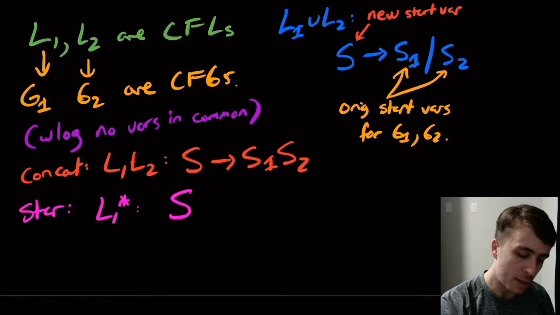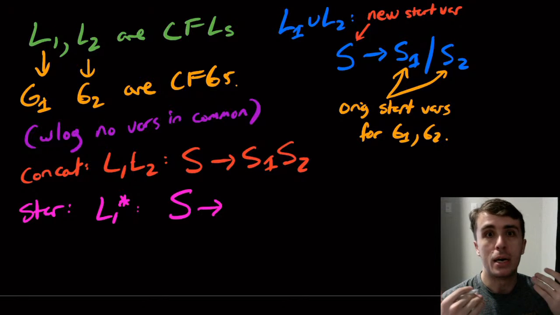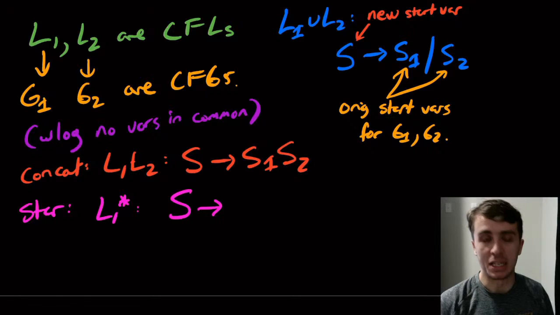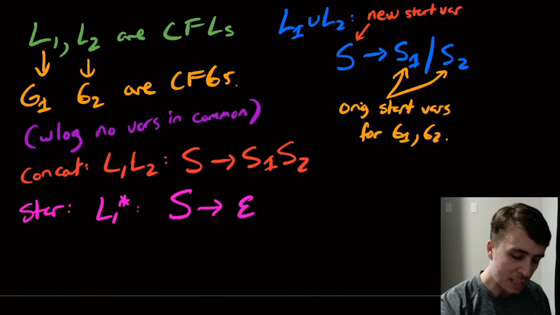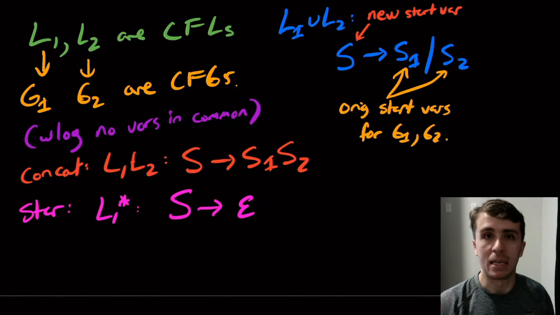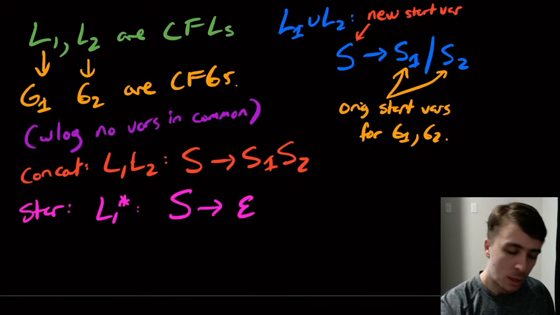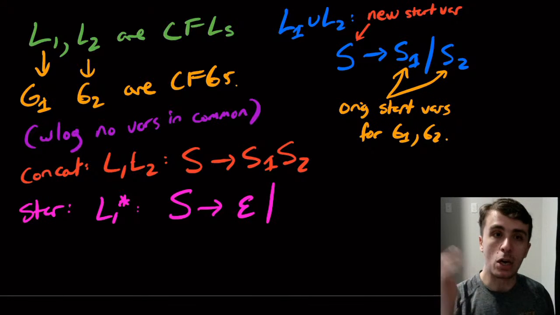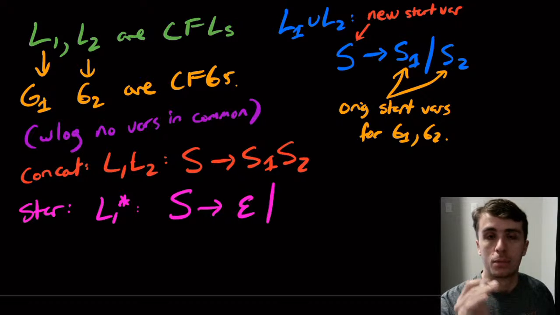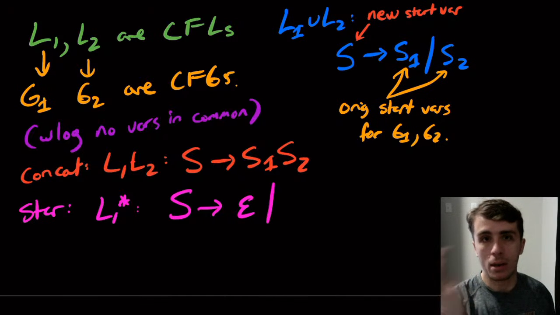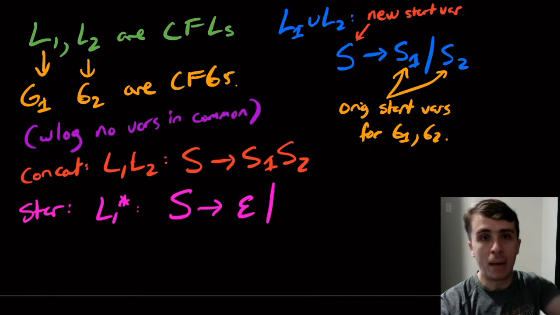So the way you do it is you make the new start variable, and you do the base case and inductive case yet again. The base case is epsilon, because it's in the star of every language, and then, or, we go into the grammar for L1, you generate a string with it, and then just go back to the beginning and try again.